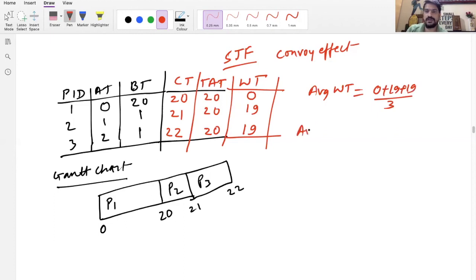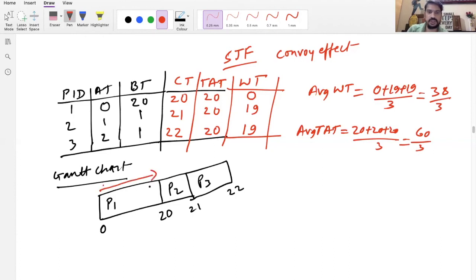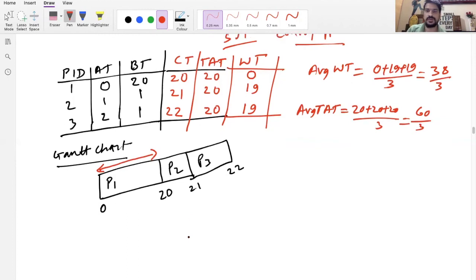Here we have the average turnaround time, which is 20 plus 20 plus 20 divided by 3, that is 60 divided by 3, and here it is 38 divided by 3. This is the waiting time, right? Now, because of the bigger process which comes before these shorter processes, we still have the convoy effect in this particular example. How can we remove the convoy effect?